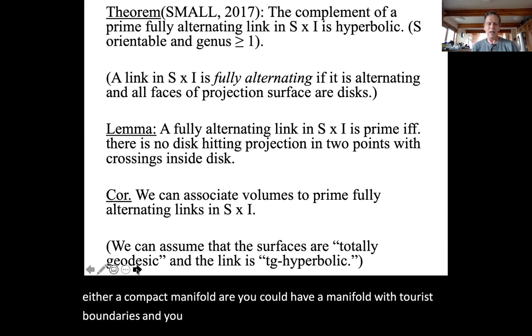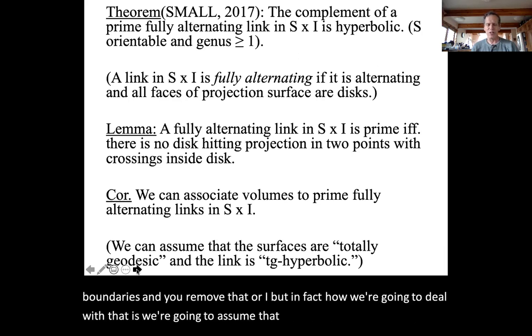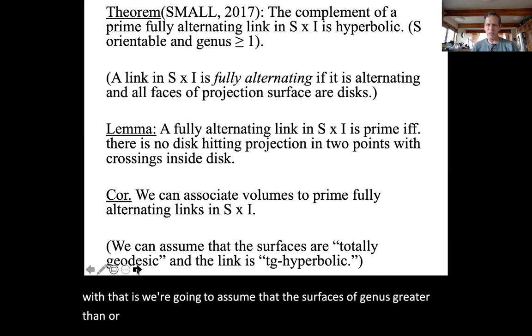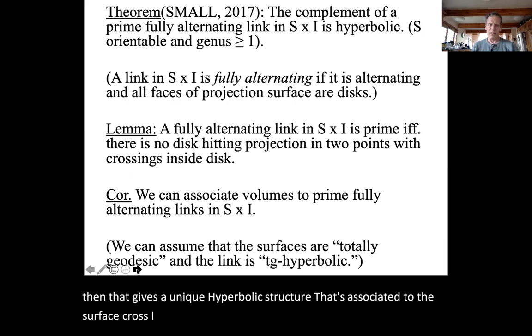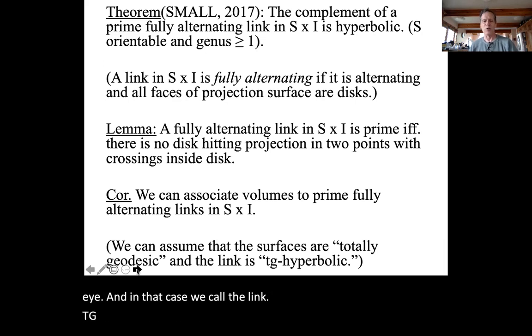But in fact, how we're going to deal with that is we're going to assume that the surfaces of genus greater than or equal to 2 are totally geodesic in the hyperbolic structure. And then that gives a unique hyperbolic structure associated to the link complement in the surface cross I. In that case, we call the link TG hyperbolic, TG standing for totally geodesic.